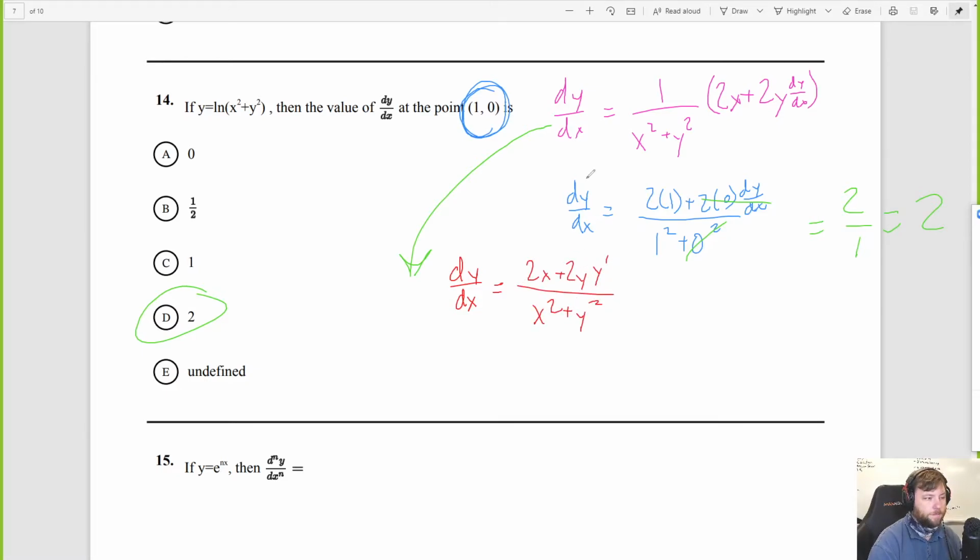So what I'm going to have to do is break that up into 2 fractions. It's going to be 2x over x squared plus y squared, plus 2y over x squared plus y squared, times the y prime.